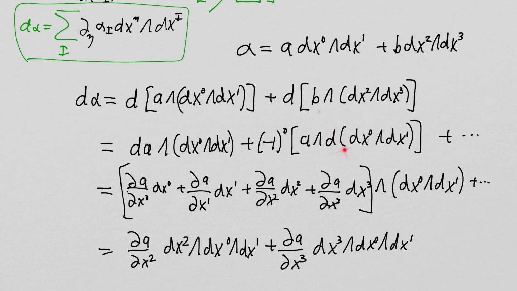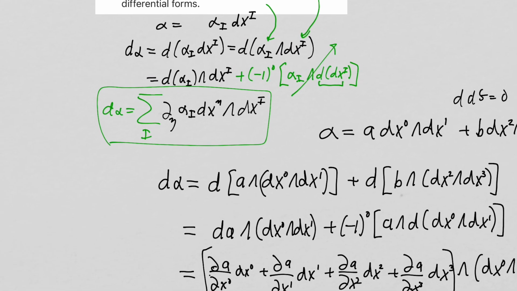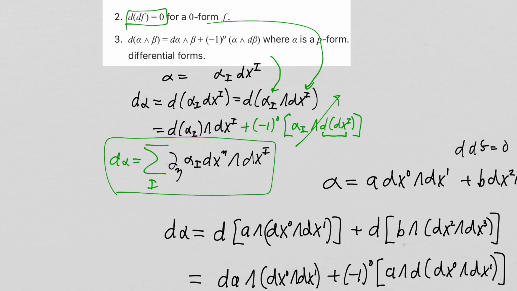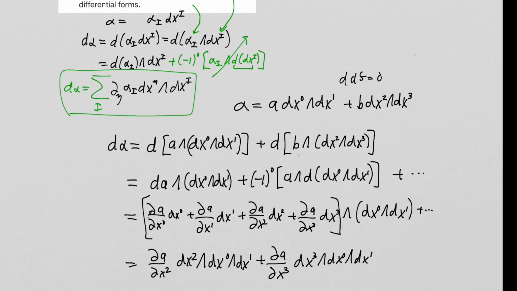So we can speculate that this is going to be 0. If you doubt that this is 0, because the rule strictly speaking is ddf equals 0, but if you execute this formula here recursively, then you discover that the exterior derivative of anything that is already the exterior derivative of something will ultimately be 0.